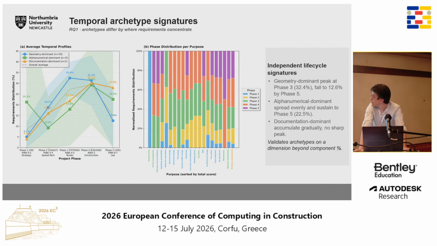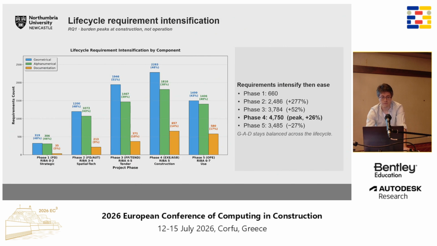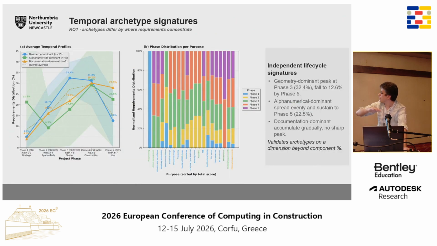If we look at the temporal archetype, we also see some of the things that I've said right here, which is that there's a clear curve in terms of information specifications across phases. What is really interesting from the first picture is that if you look at the green one, the average is the flat line, but you have the variation across the whole thing.